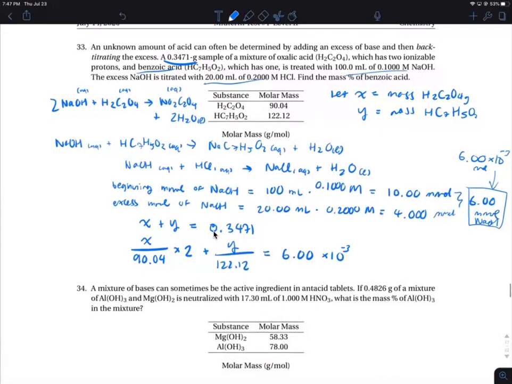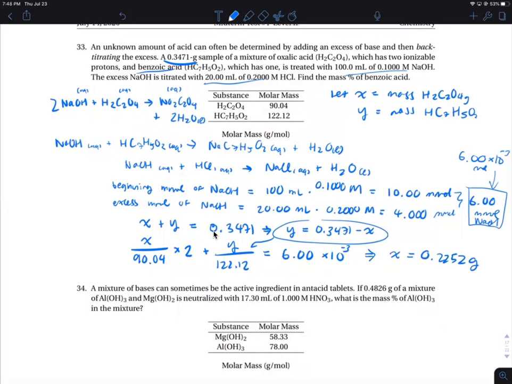All right, and we can go ahead and use substitution or whatever method. So Y is going to just be 0.3471 minus X. Substitute that here, and then we solve for X. We get that X is around 0.2252 grams. All right, and then we're pretty much done.